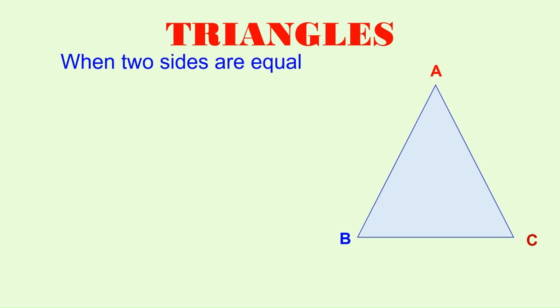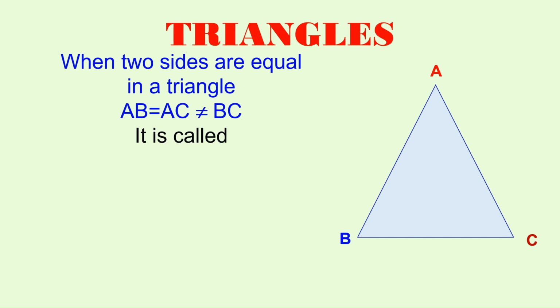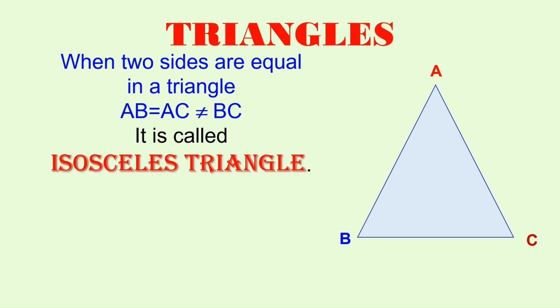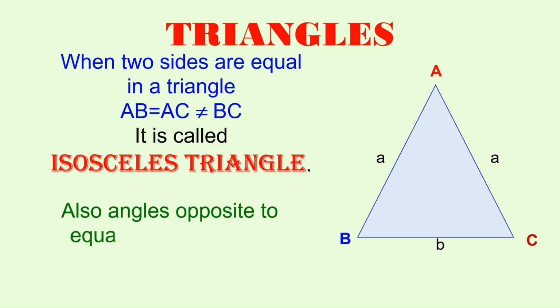When two sides are equal in a triangle, AB equals AC but not equal to BC, it is called an isosceles triangle. Also, angles opposite to equal sides are equal.